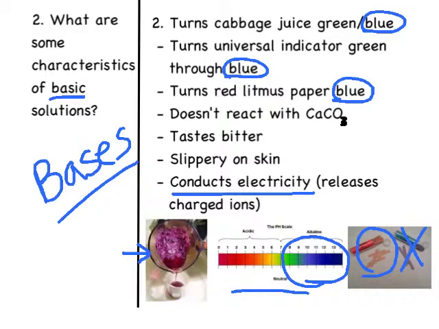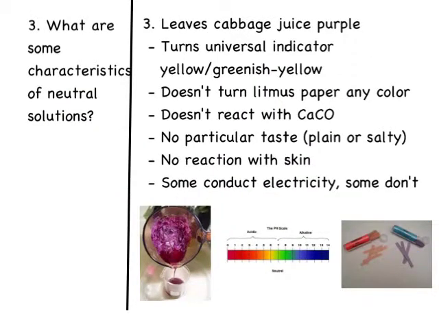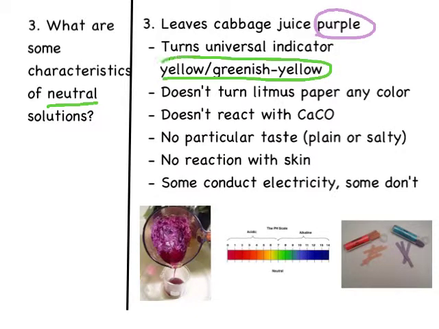Now let's talk about those things right there in the middle that are neither basic nor acidic. Neutral solutions are going to leave the cabbage juice purple. They're going to turn the universal indicator a yellowish green, right there in the middle.